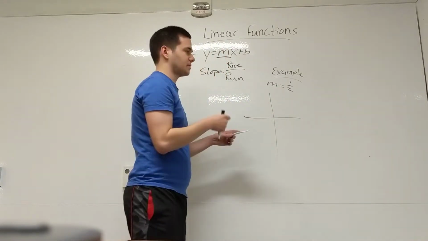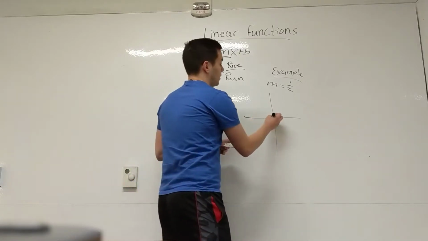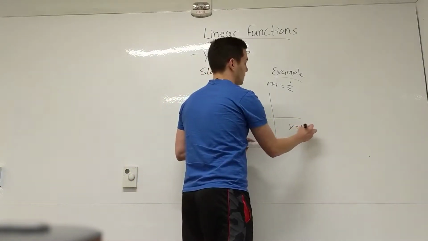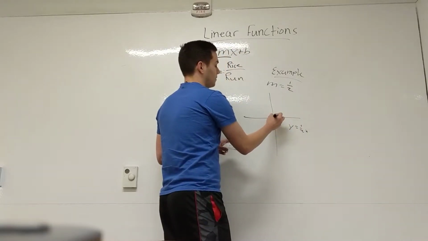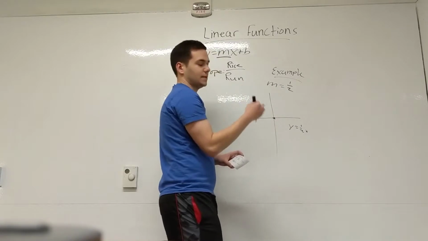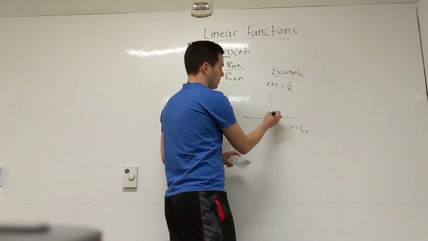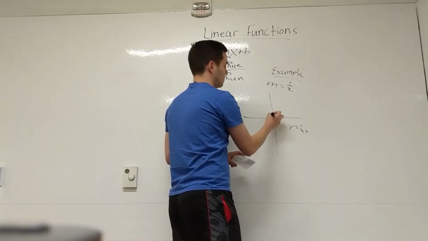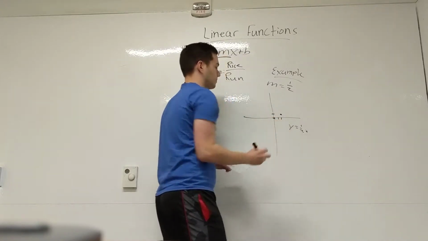And let's say the graph starts at the origin. So if your slope is 1/2, rise over run: the 1 is rise, go up 1, and the 2 is considered run. So 1, 2, rise over run.